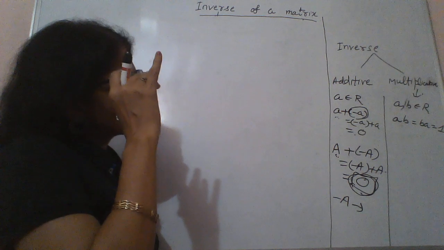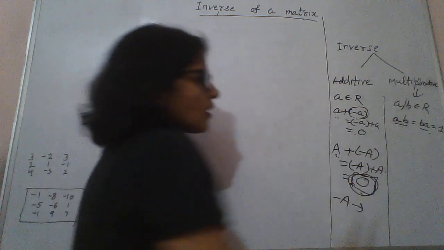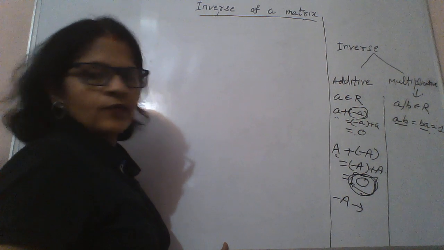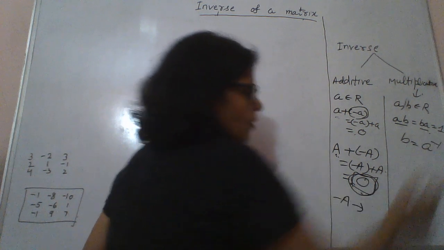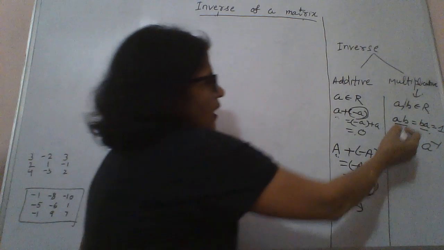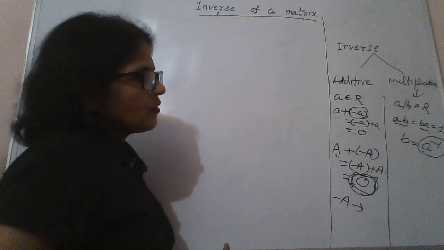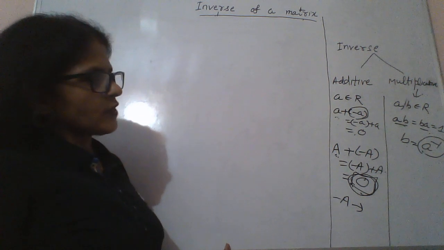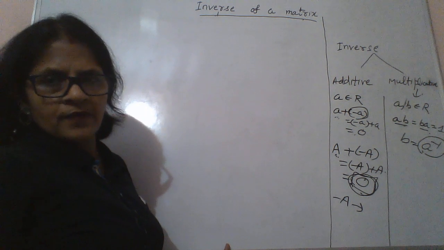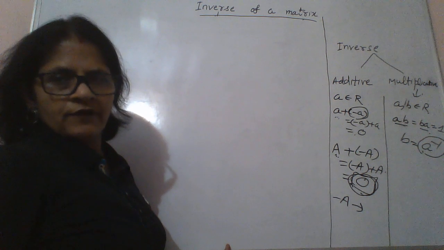So for any two real numbers, ab equal to ba equal to 1, b is called inverse of a. And because a is a number, the multiplicative inverse of any number is its reciprocal.